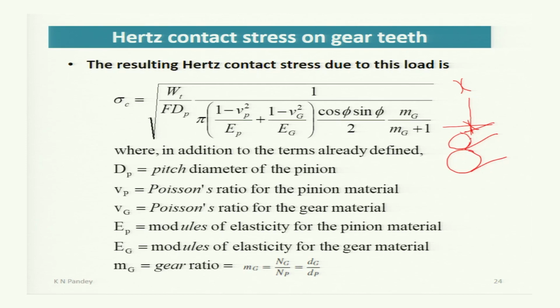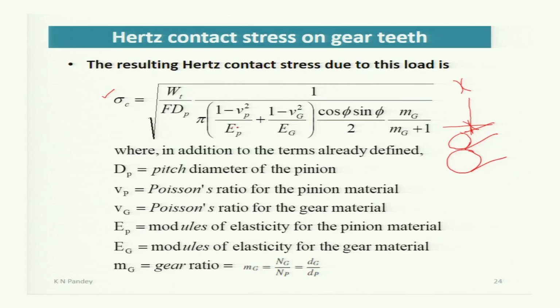And we have found by this analogy the Hertzian contact stress, and the Hertzian contact stress on a gear is given by Wt, F, dP. dP is the pinion pitch diameter, and nu P is the Poisson's ratio for the pinion, and nu G is the Poisson's ratio for the gear.